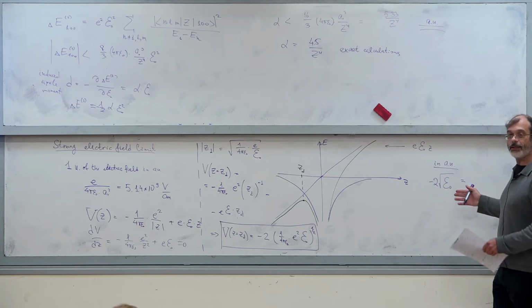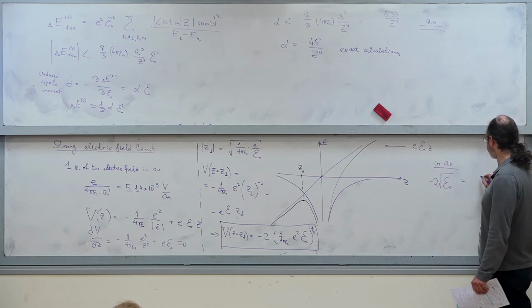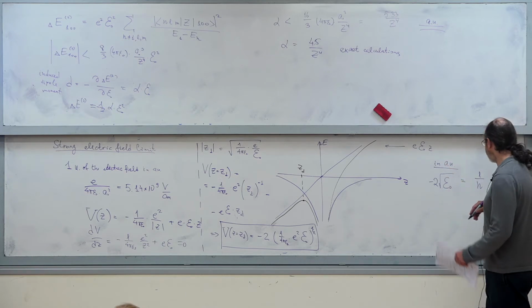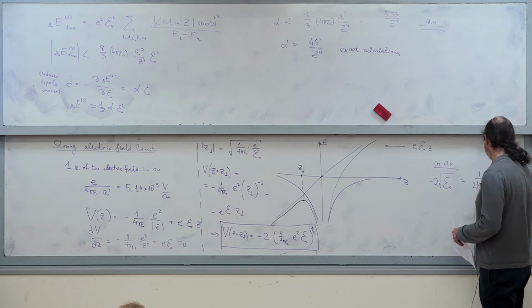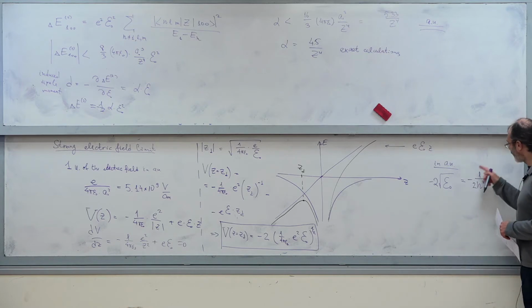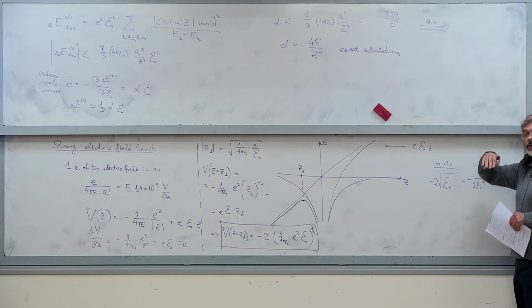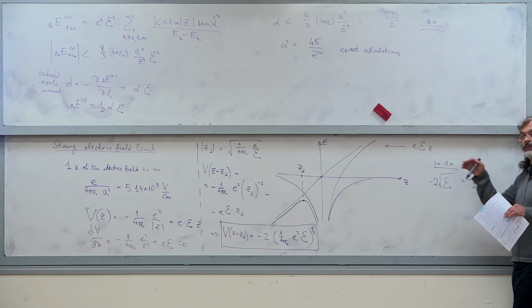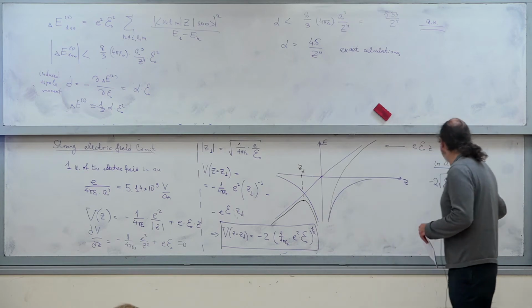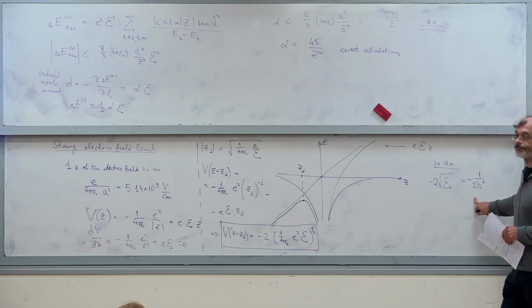So what is left is only here. And now I'm asking when this becomes equal to the energy of a certain bound state. So this is equal to 2 times 1 divided by 2n squared, and this is minus. These are the energy levels in atomic units. It goes like 1 over n squared, with a factor of 1/2 because the energy in atomic units is 2 times the excitation energy of a hydrogen atom.